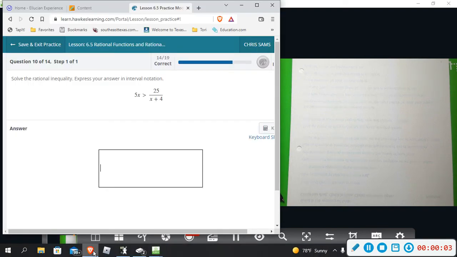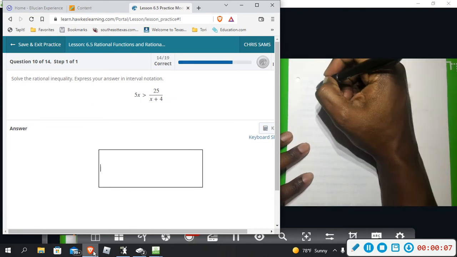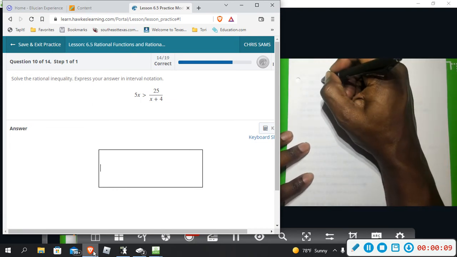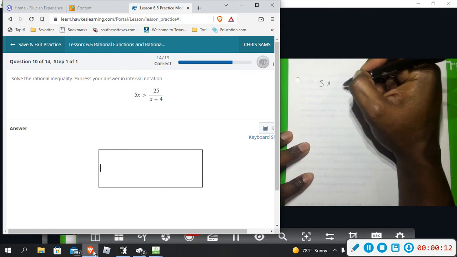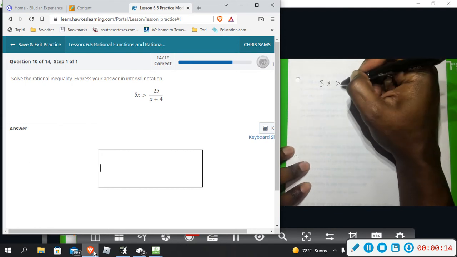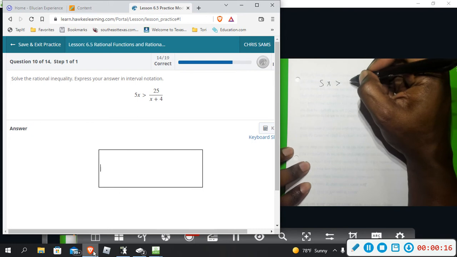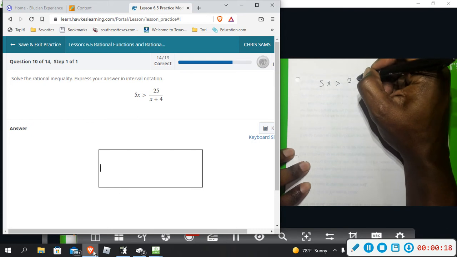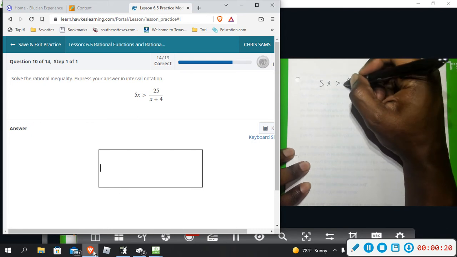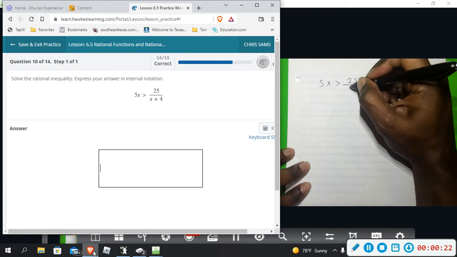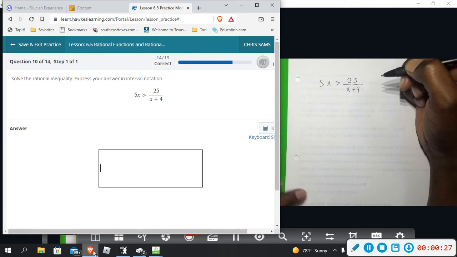Alright, number 10, we want to solve the rational inequality. And we have 5x is greater than 25 over x plus 4.